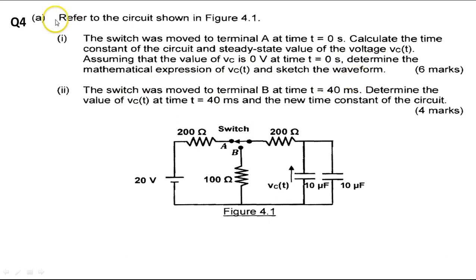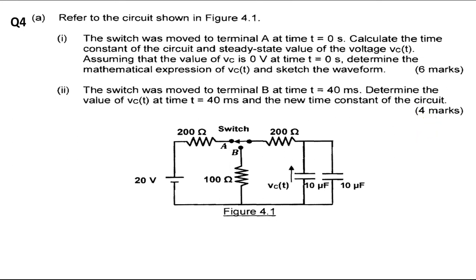So that is part A, subsection 1. Subsection 2 says that the switch was moved to terminal B after time t is 40 milliseconds. We want to determine the value of Vc(t) at time t equals 40 milliseconds and the new time constant of the circuit. So there are two parts to this.